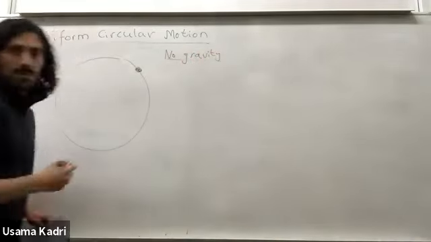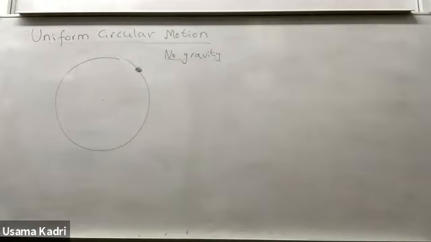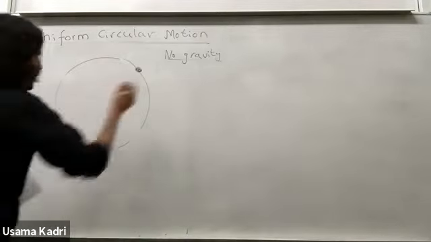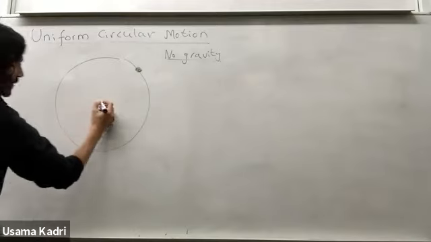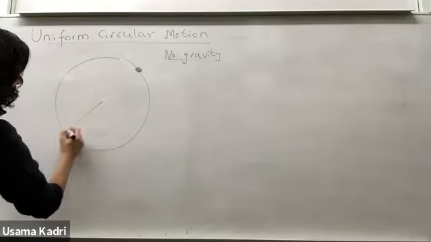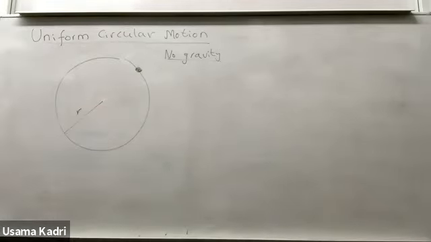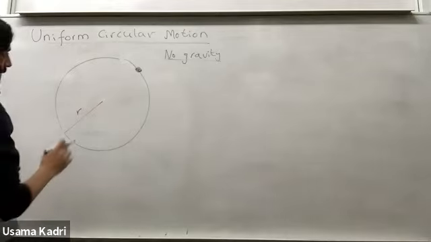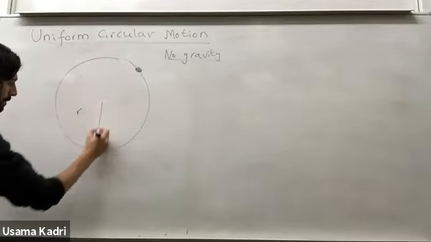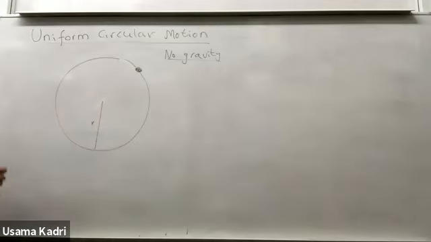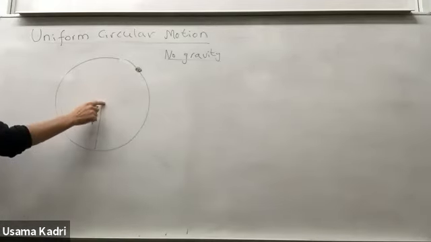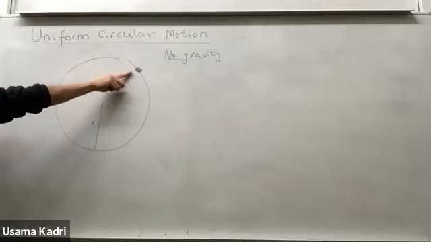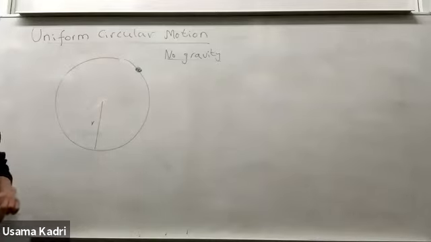For the moment, there is no gravity. We know the radius of this circular motion, which is given by r, and I can put a position vector from the origin pointing at the object, and that position vector would follow the object everywhere it goes.